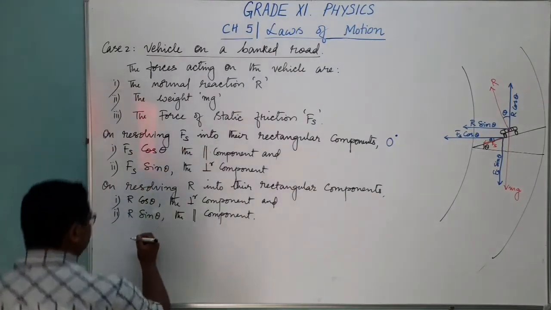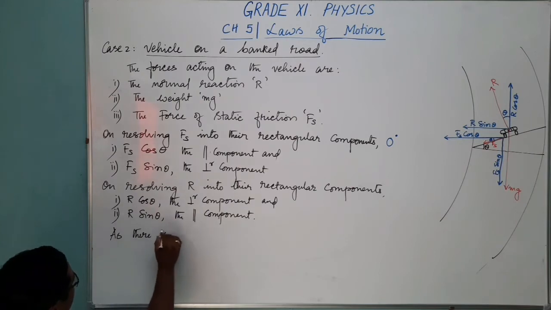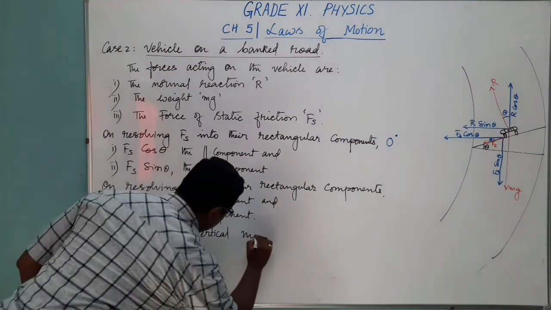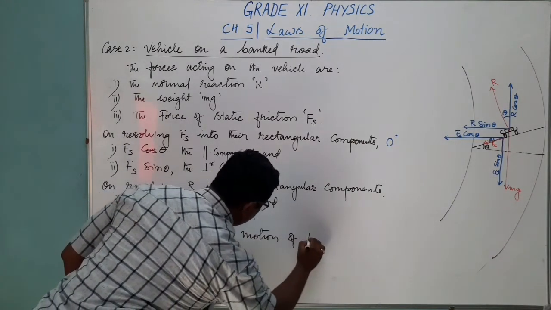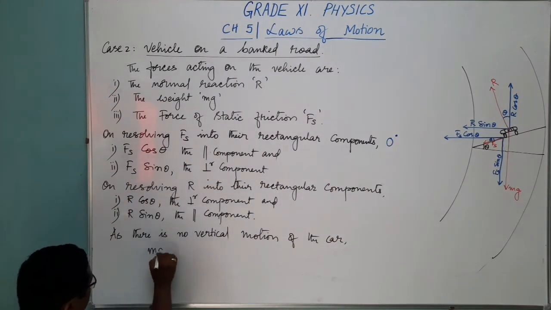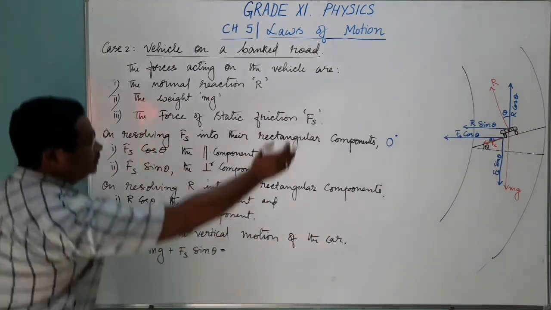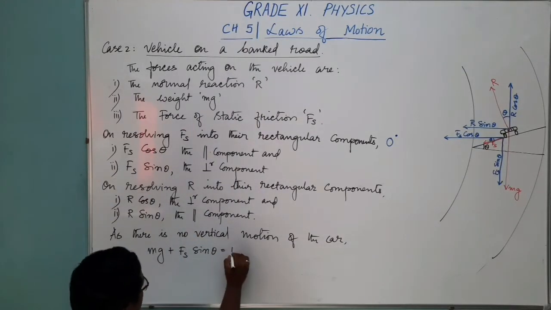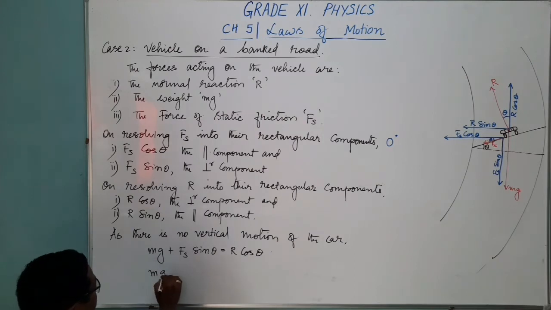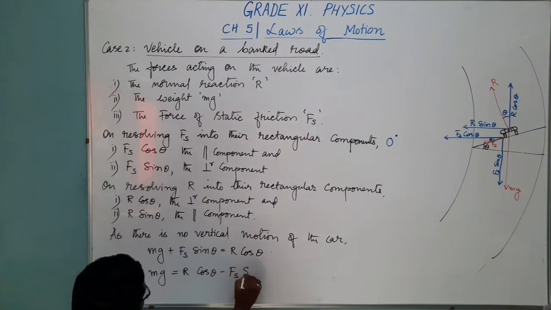So mg plus Fs sin theta is equal to R cos theta, and mg is equal to R cos theta minus Fs sin theta.